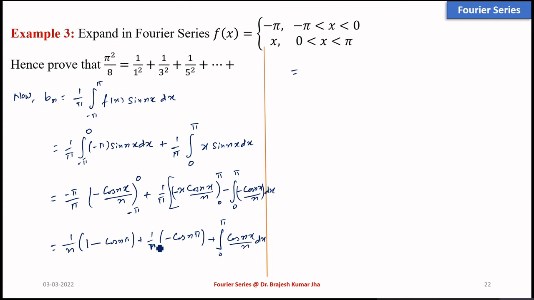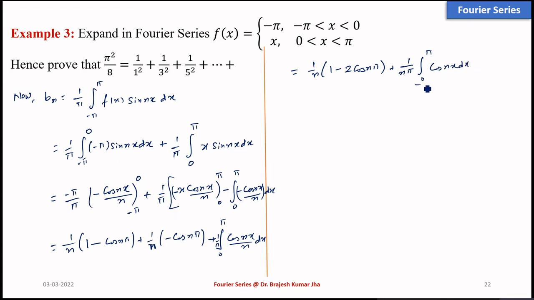So what we get, 1 by n is the common. It will be 1 minus 2 times cos n pi. And 1 by pi we have to write here. So plus 1 by n pi, integral 0 to pi of cos nx dx.